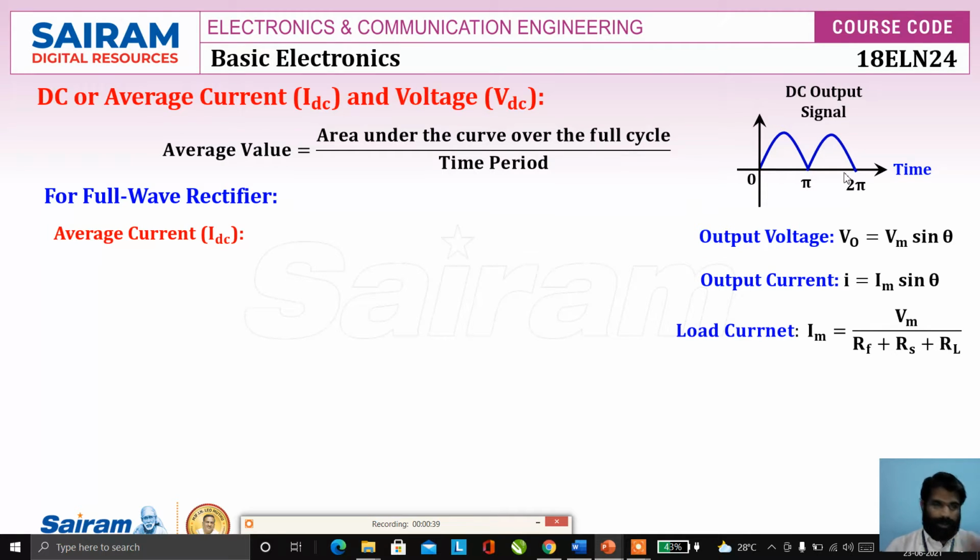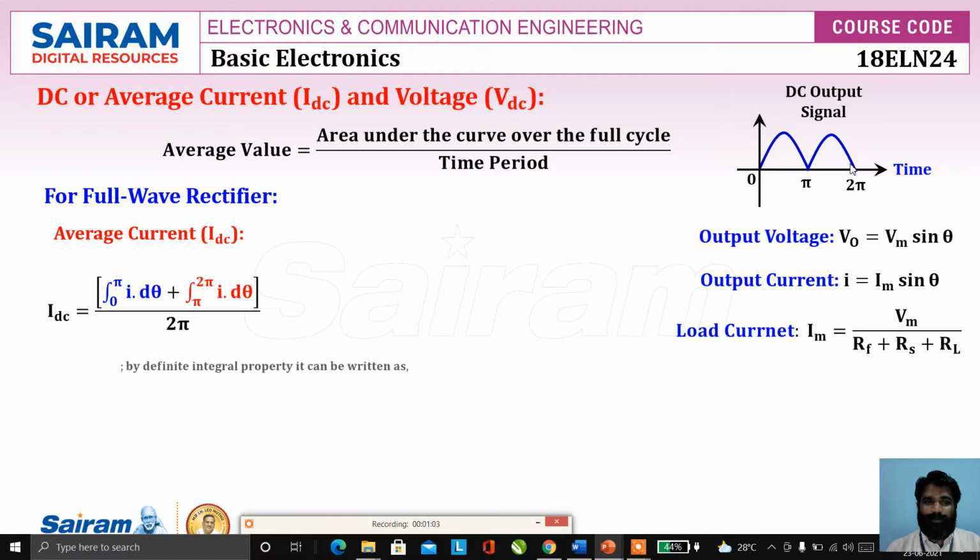Again, the same basic formula: the average value is equal to the area under the curve over the full cycle divided by the time period. So again, integration 0 to pi I d theta plus pi to 2 pi I d theta. And from the diagram, in both the opposite half cycles, from 0 to pi as well as pi to 2 pi, the same curve is there.